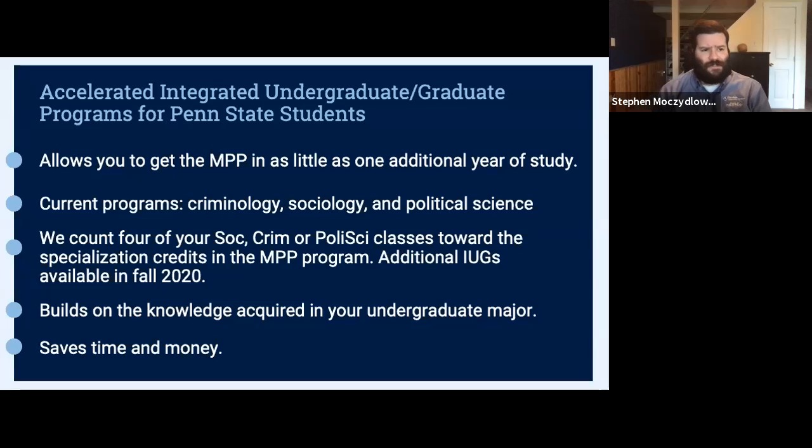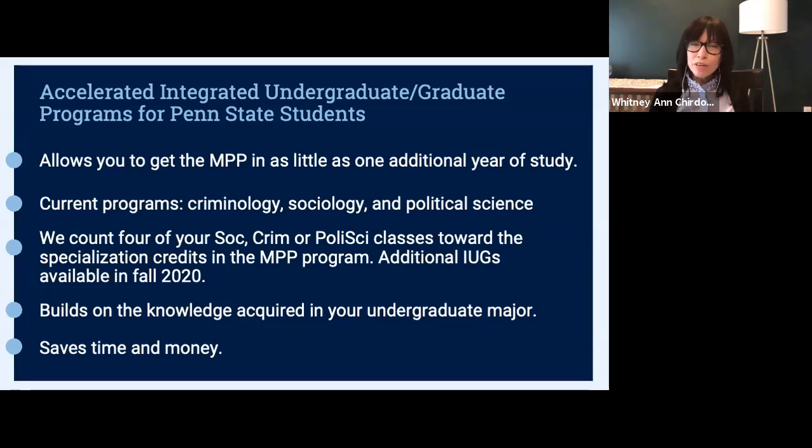For applying and considering this program, you're going to want to talk to your undergraduate academic advisor. If you are going into your junior year, it would be great to set up a meeting with us to go into detail about how scheduling would work. The earlier you can start talking to your undergrad advisor and myself about your interest in an IUG, the better, because it allows us to help you with your course planning so that that year of dual enrollment is as smooth as possible.